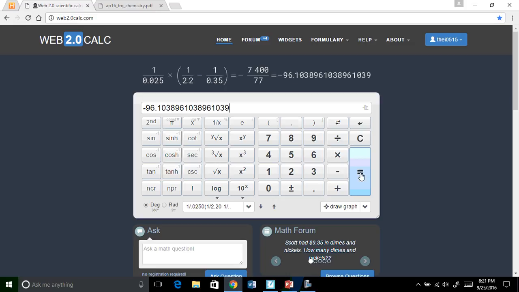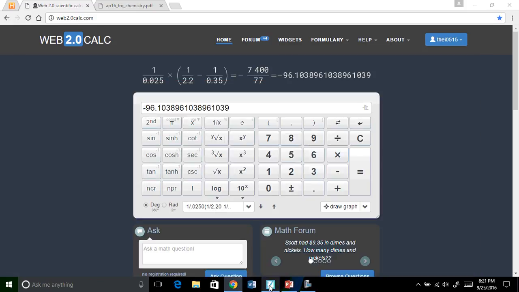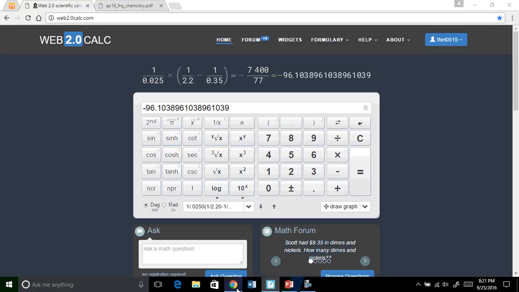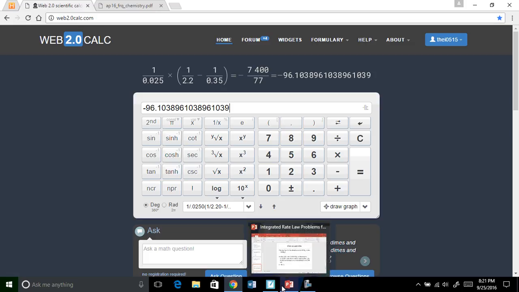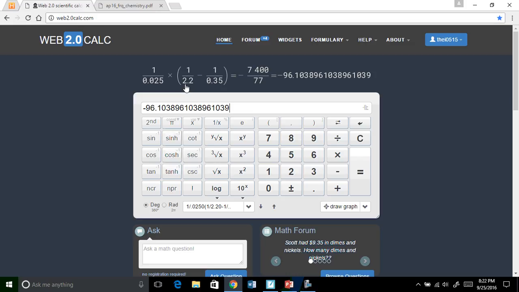And I hit equal. Ooh, and interesting. It should not be negative. There is no negative time. Oh, I flipped these. I'm an idiot. If you look here, I had 0.350 and 2.20, but then when I put it in the calculator, 0.35 goes first and 2.20 goes second, and I put the 2.20 second.